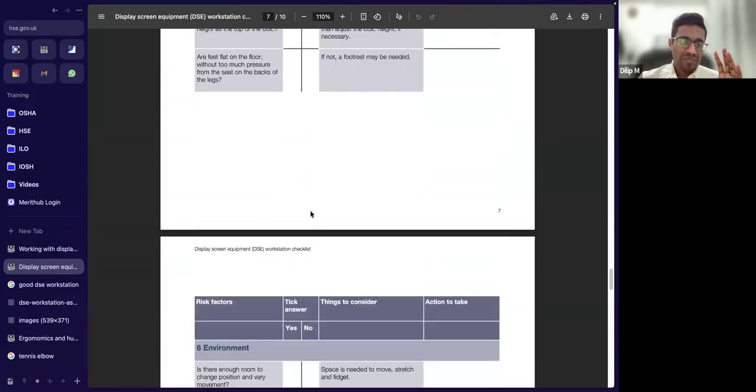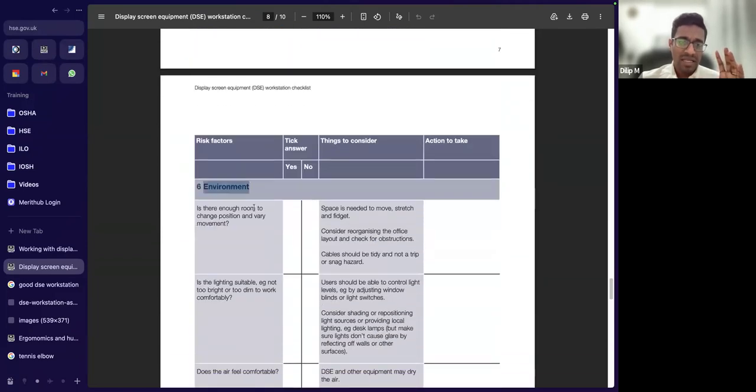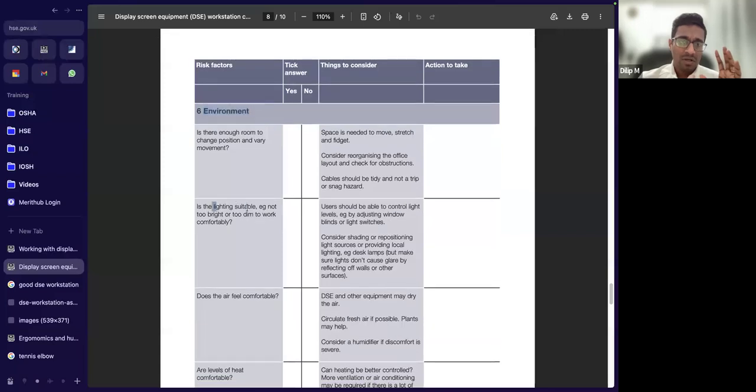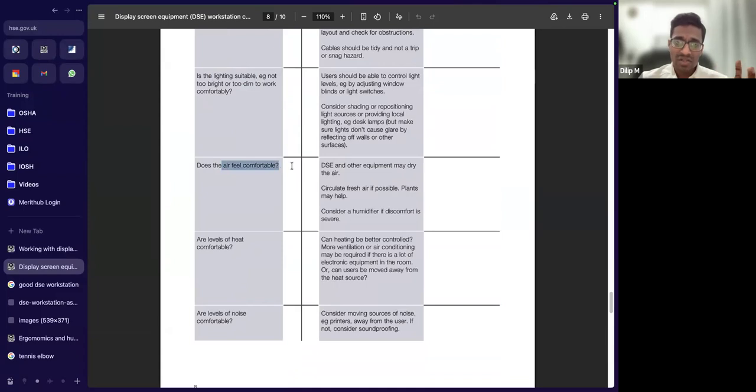And finally, the environment. Do you have suitable lighting? What about the ventilation, the temperature, the heat level, is it comfortable? What about noise, are the noise levels comfortable? So this checklist provides you a detailed assessment for a DSE user.